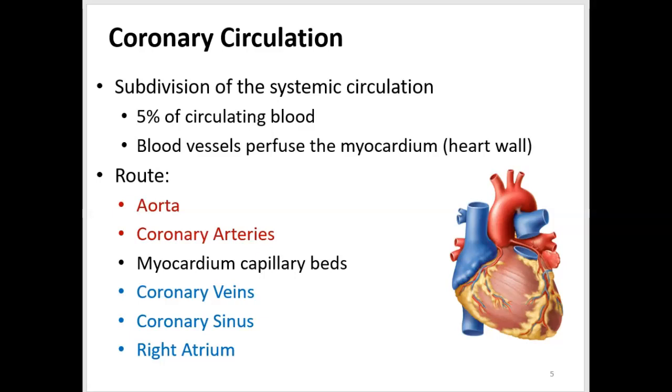The coronary circuit is actually a subdivision of the systemic circulation, making up 5% of circulating blood. Like the rest of the vessels in the systemic circuit, arteries carry oxygen-rich blood and veins carry oxygen-poor blood. Blood perfuses the myocardium by traveling from the aorta to coronary arteries, which branch off the aorta.